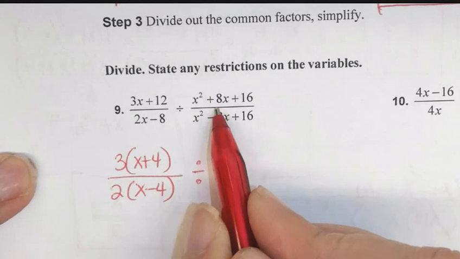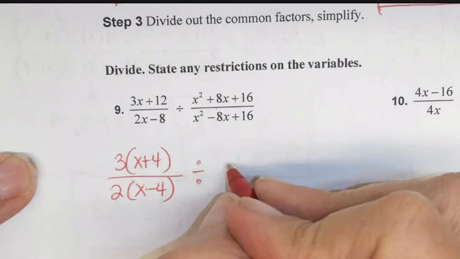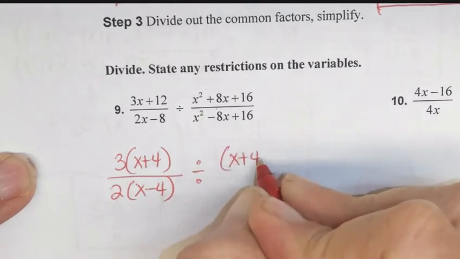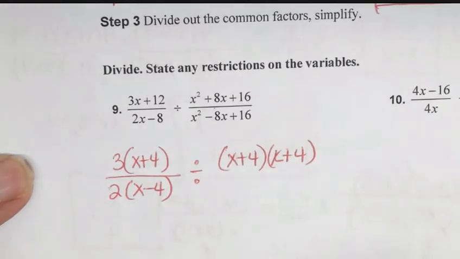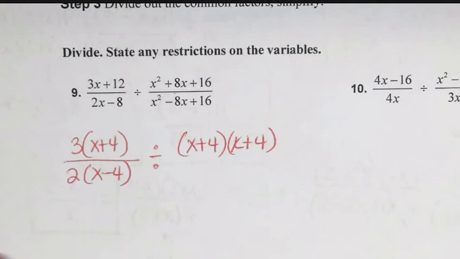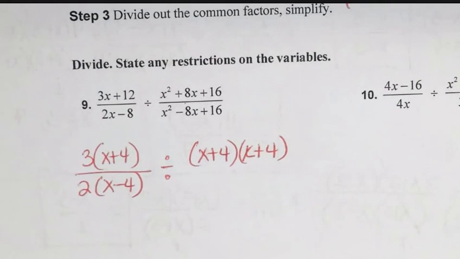Factors of 16 that add to 8 are 4 and 4, both positive. Or it's a perfect square trinomial. Some might want to write that as x plus 4 quantity squared. I like to just write it all out when I'm working with these. That way, if I cancel one, I don't lose anything.